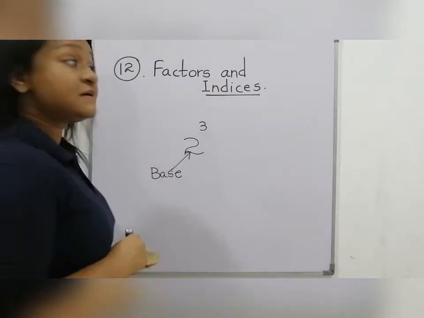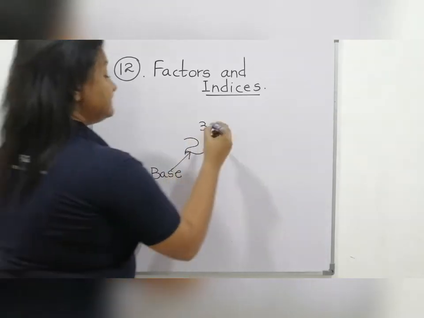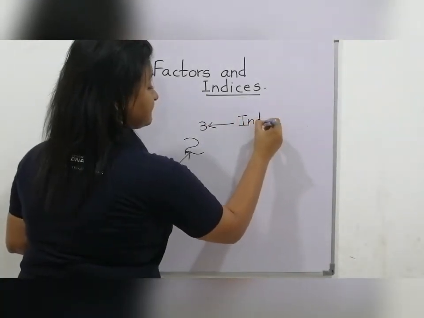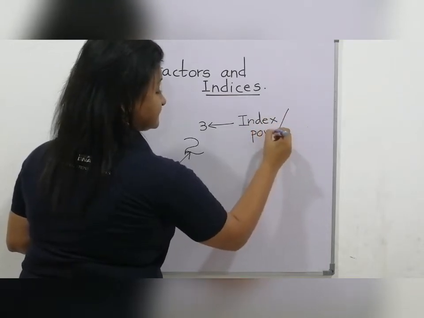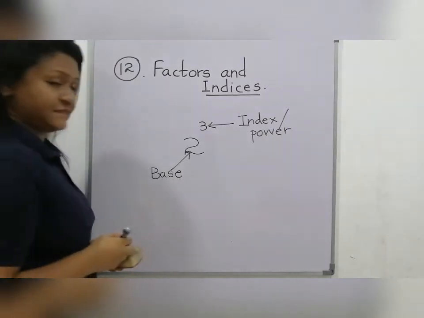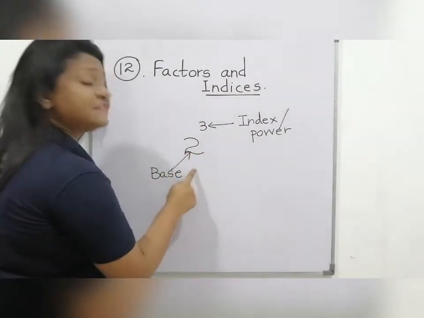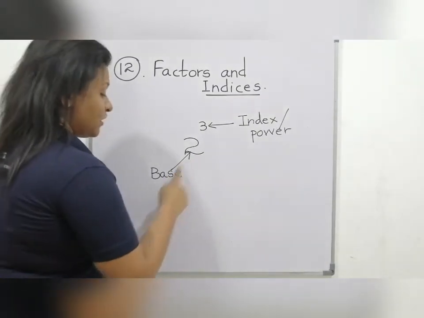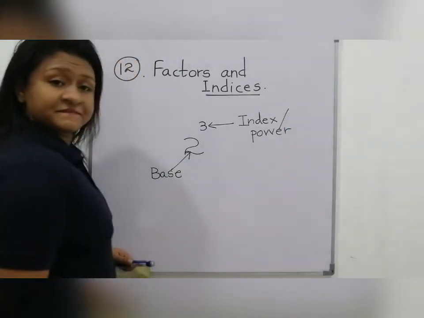This is the number which is multiplied many times, and this is called the index, or else the power. This is smaller than the base. This is called the base and this is the index or the power.